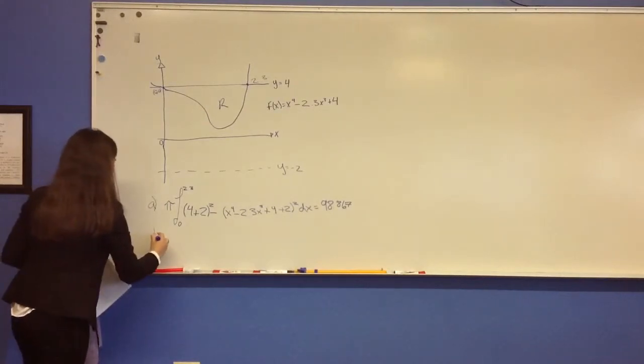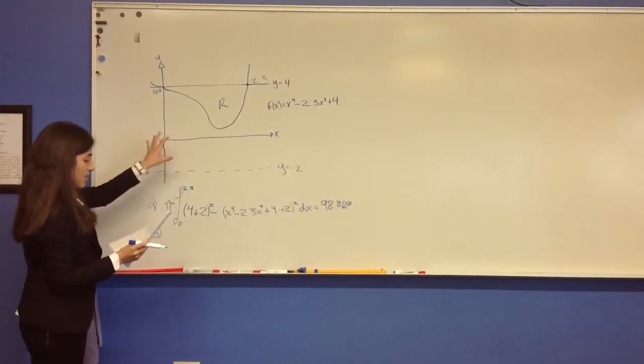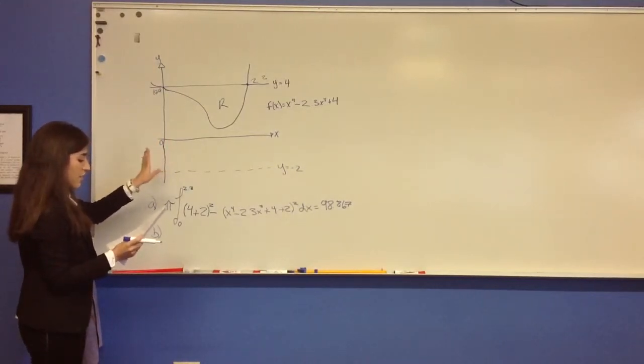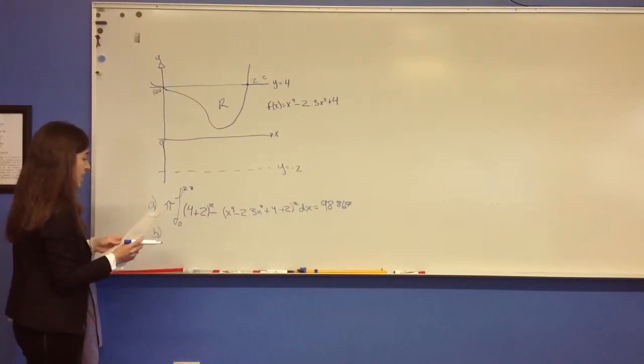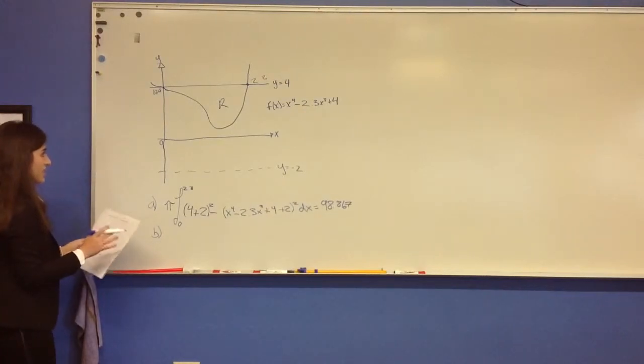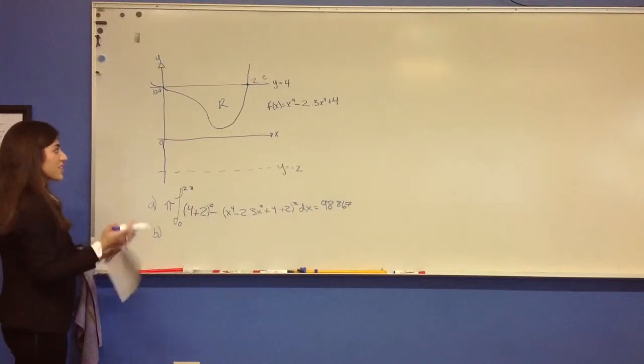Now part B is a little bit more difficult. So word for word it says region R is the base of the solid. For this solid, each cross-section perpendicular to the x-axis is an isosceles right triangle with a leg in R. Find the volume of the solid. The interesting part about this is they say an isosceles triangle, which is sort of different because they usually say trapezoid or something else.